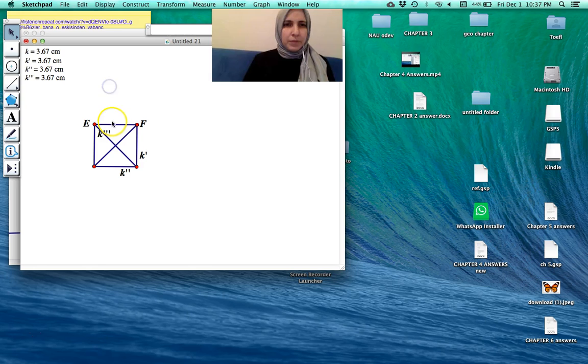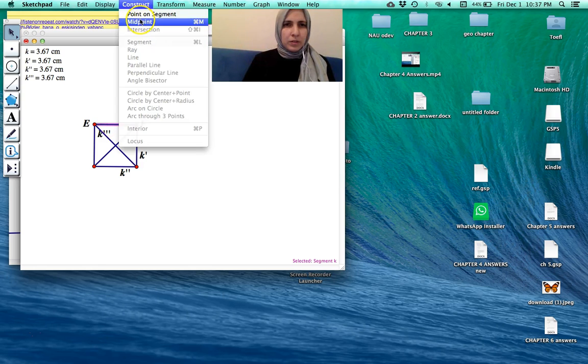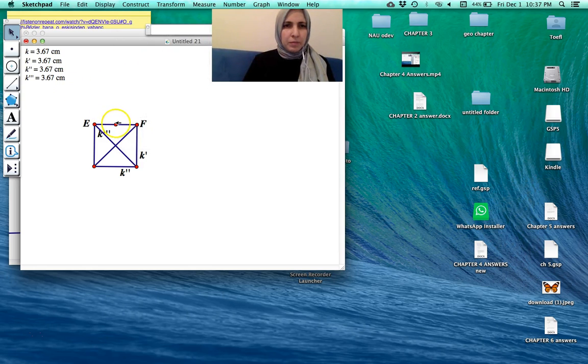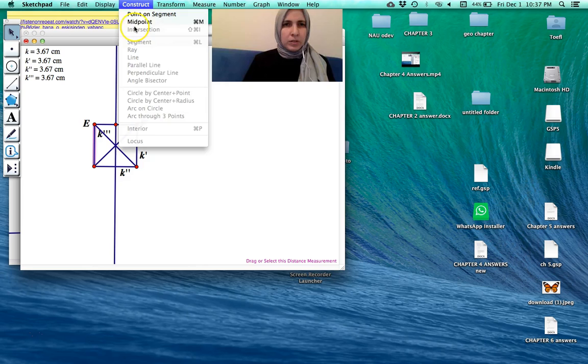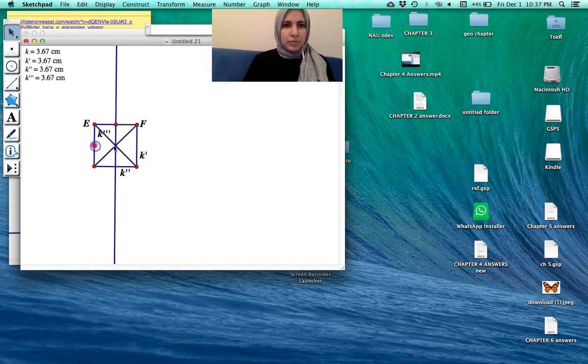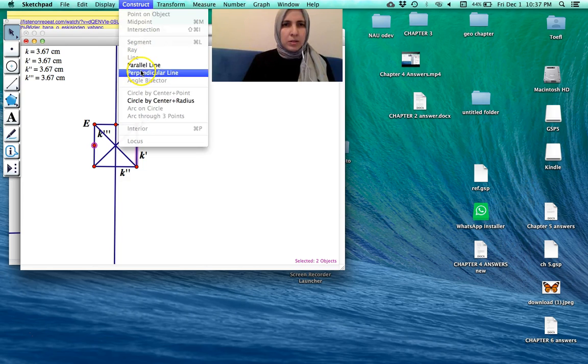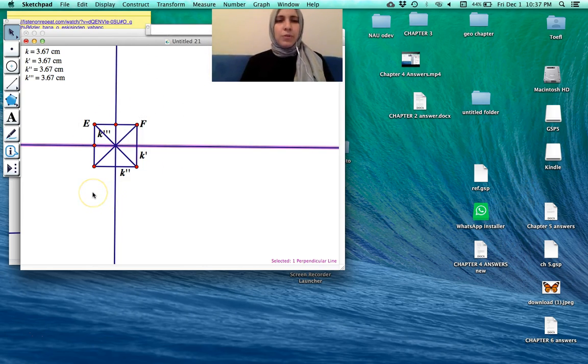Find the midpoint. It's the midpoint on a perpendicular line, and also perpendicular. Yes, there are 4 symmetry lines for the square.